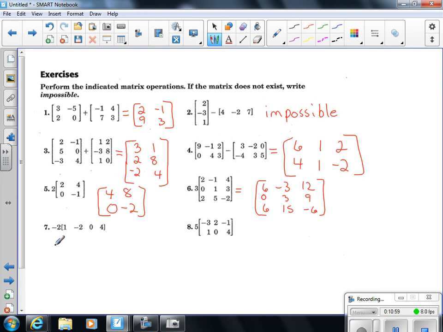Okay, what about this one? Negative 2. Okay. Don't forget to put your brackets around them too, please. And the last one. You got it.